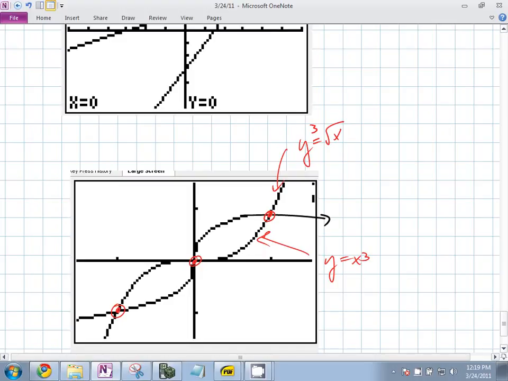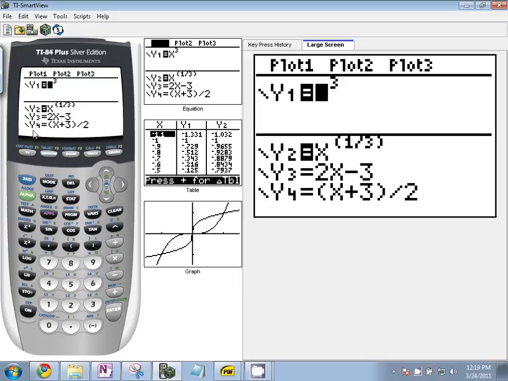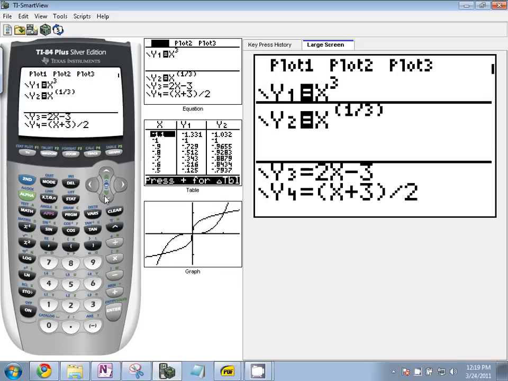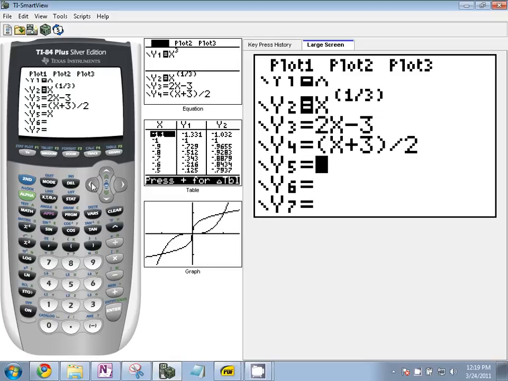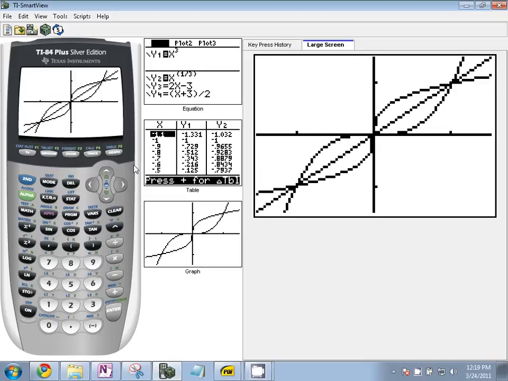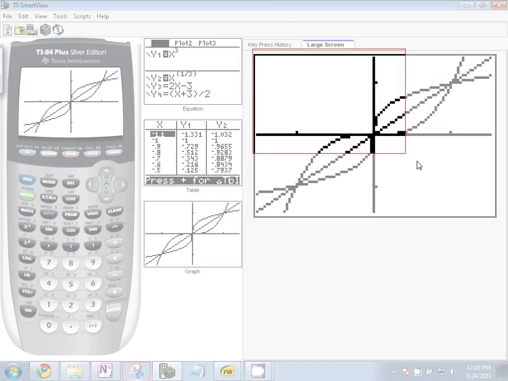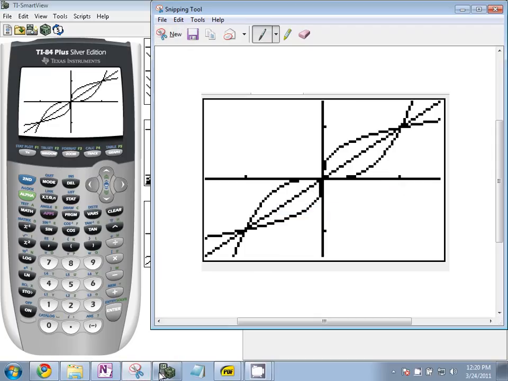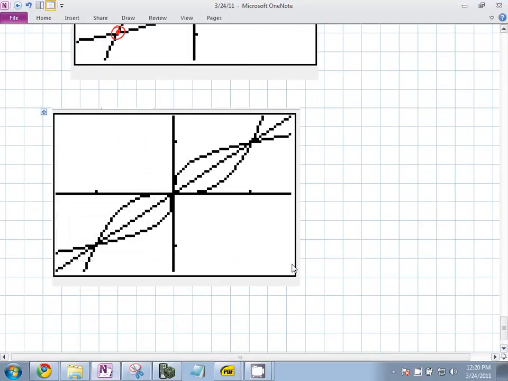Exactly. Let's graph that one more time and just see if it actually matches. There's y equals x. So the real question is, what does that help us do? We now know it goes through the line y equals x, but what does that help us with?